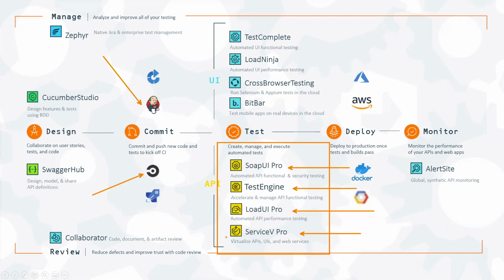But it could also help us with the design phase when we're starting to develop those requirements or what our APIs will look like. We can also virtualize that to help parallel development.